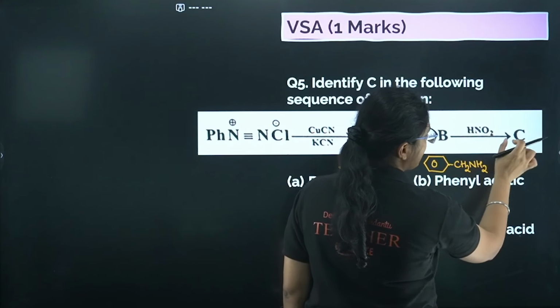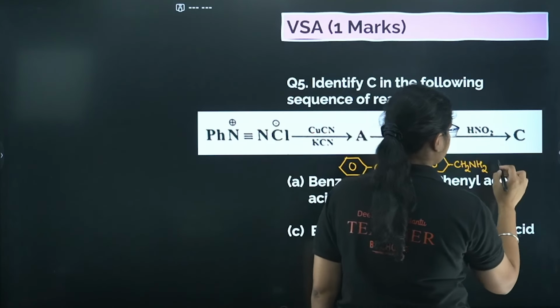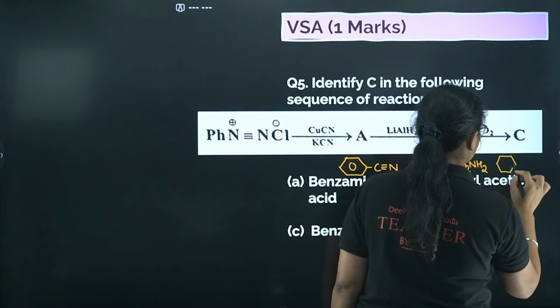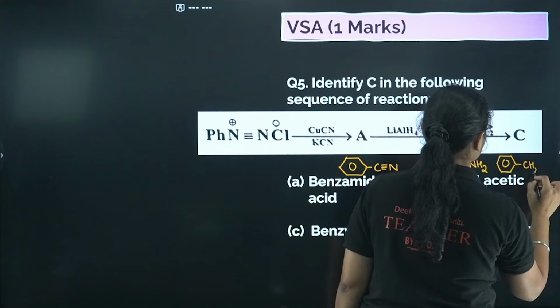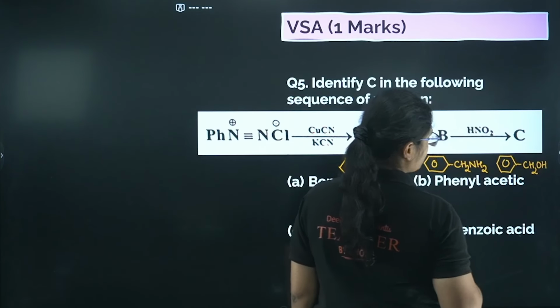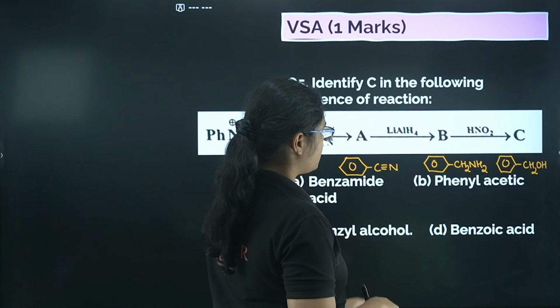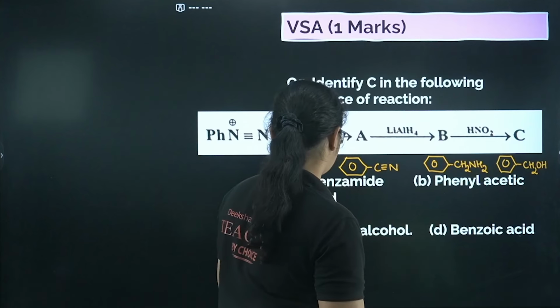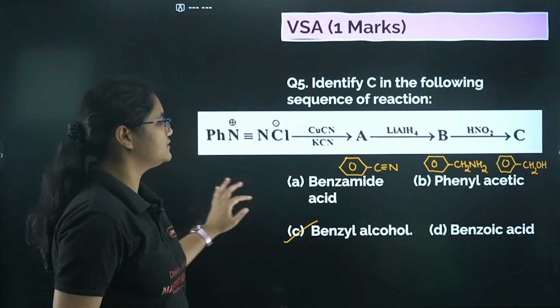Now after that, with nitrous acid, we will get a compound CH2OH. So that is C. So what will be this product? It is benzyl alcohol, that is option number C.